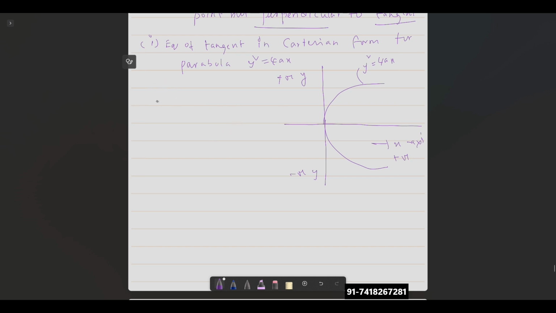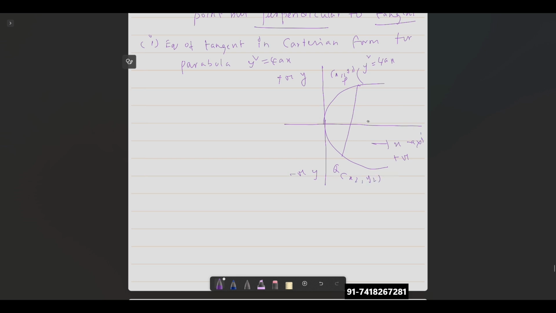So how do you arrive at this tangent in Cartesian form? First of all, when a line cuts this curve at two points, let us say this is P, this is Q, and P is the point x1, y1, and this is x2, y2.